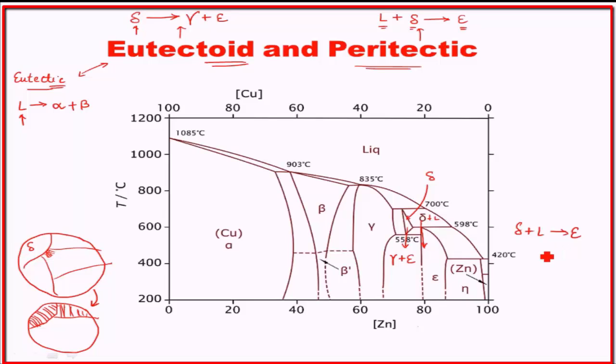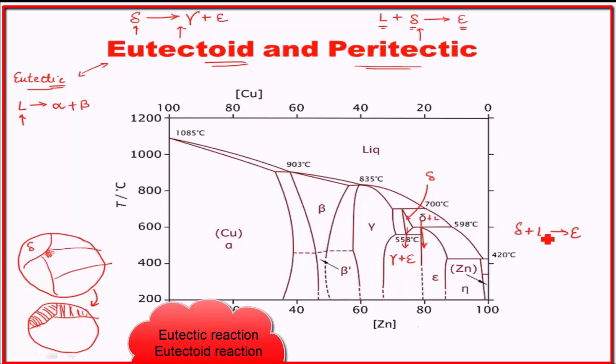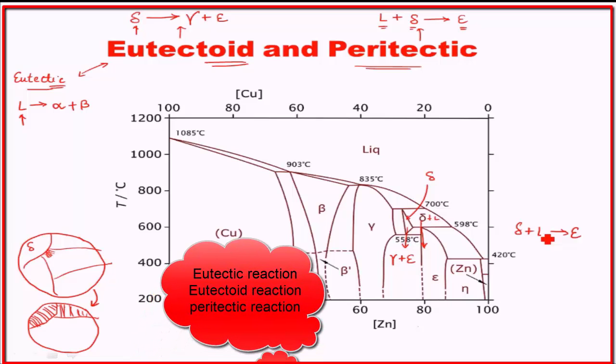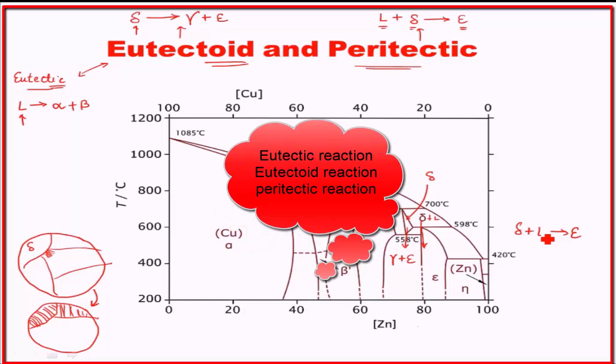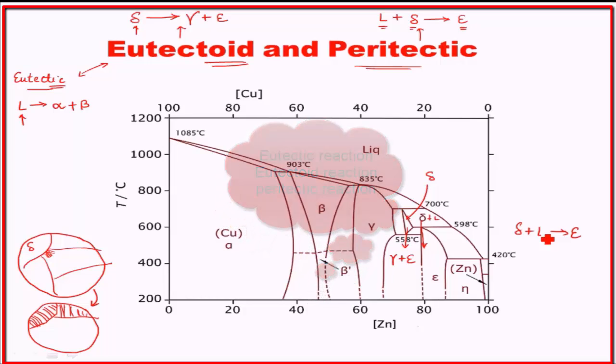The peritectic reaction also occurs in the iron carbon phase diagram. So all the three invariant reactions which we have studied till now, eutectic, eutectoid and peritectic, will be occurring in the iron carbon phase diagram.